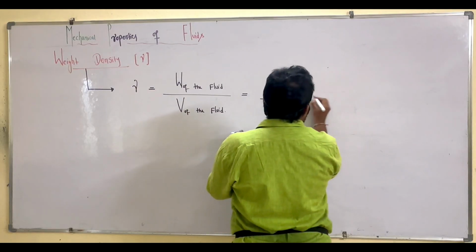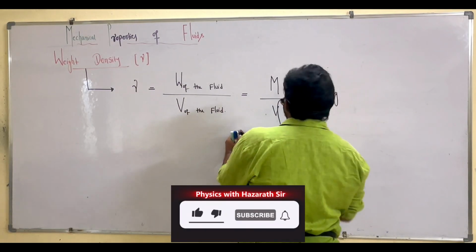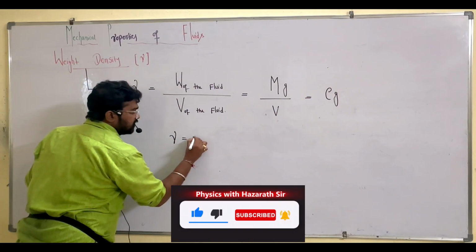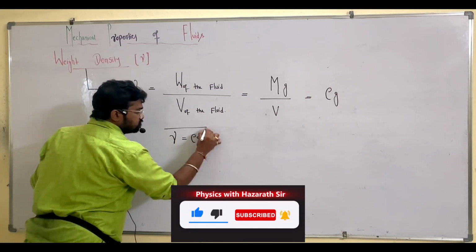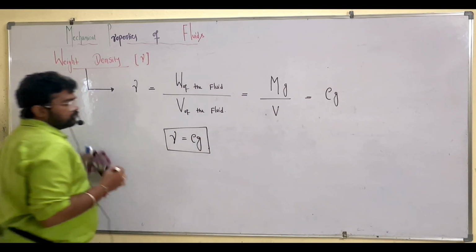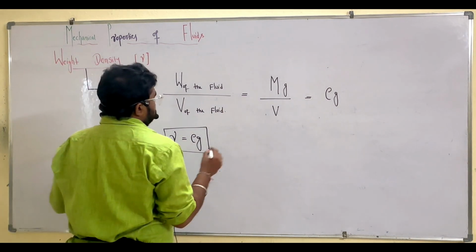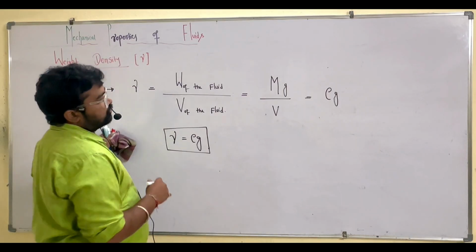Mass by volume means density, into G. So gamma can be written as rho into G. Clear? So gamma equal to rho into G.